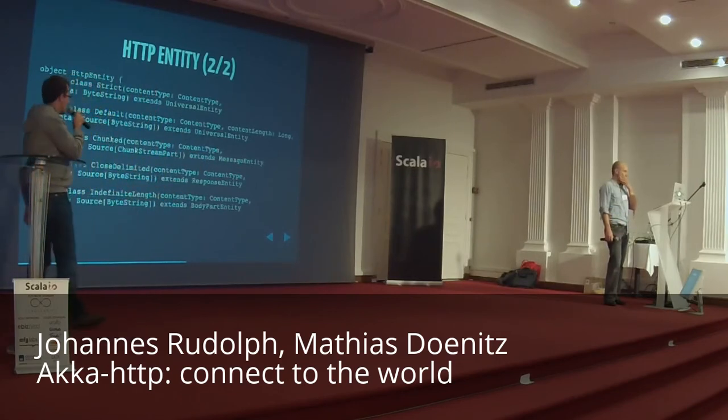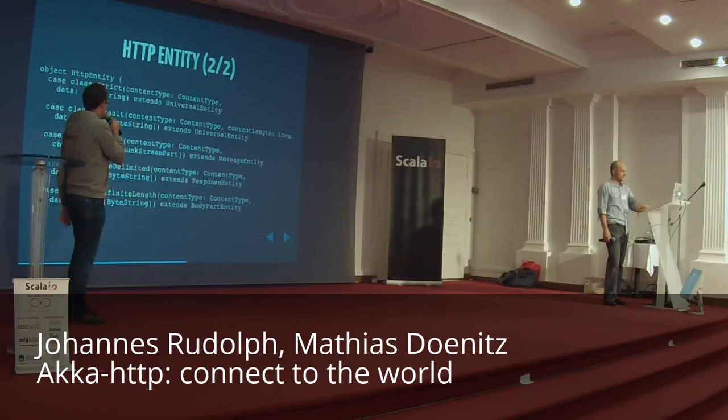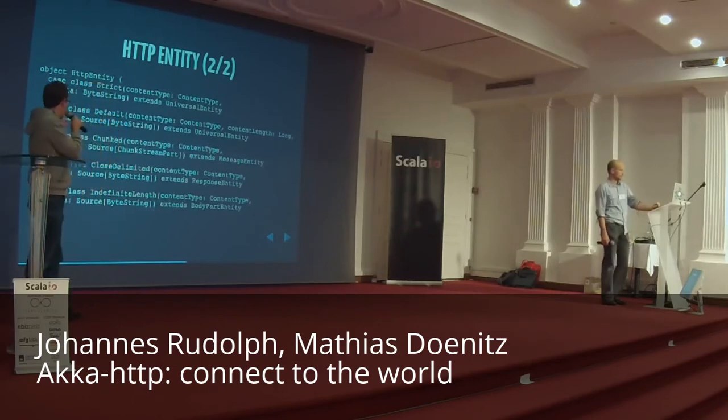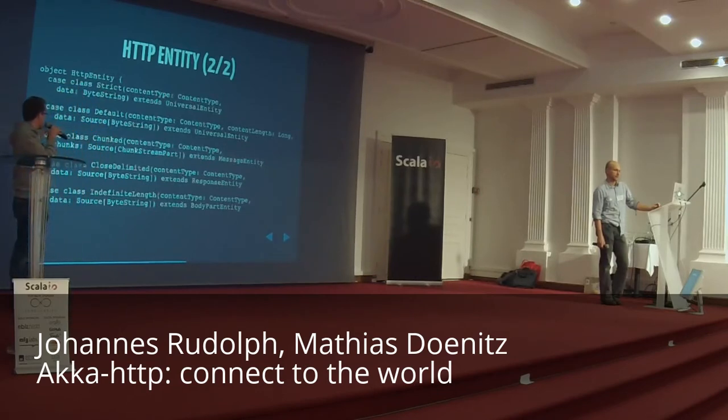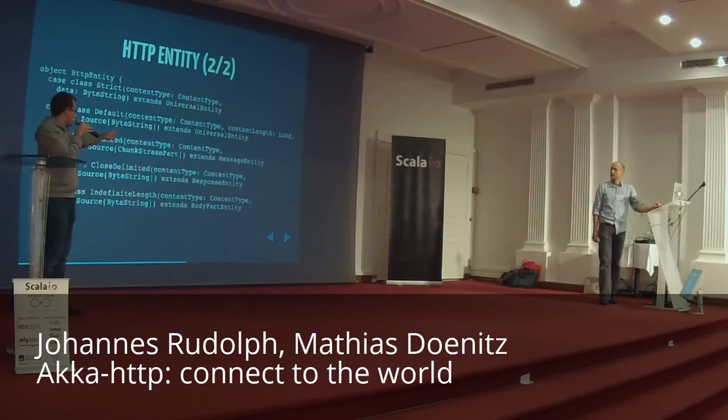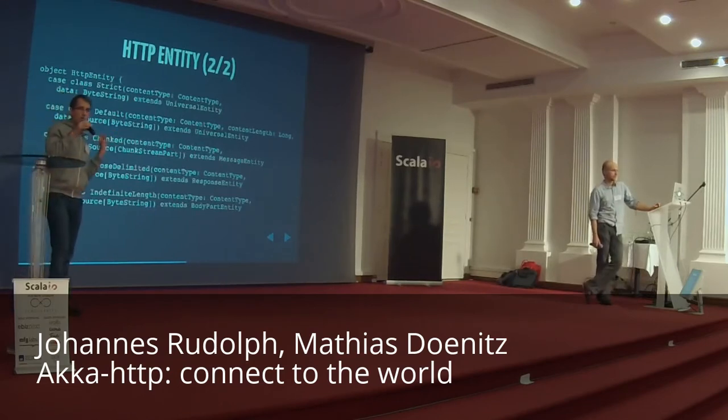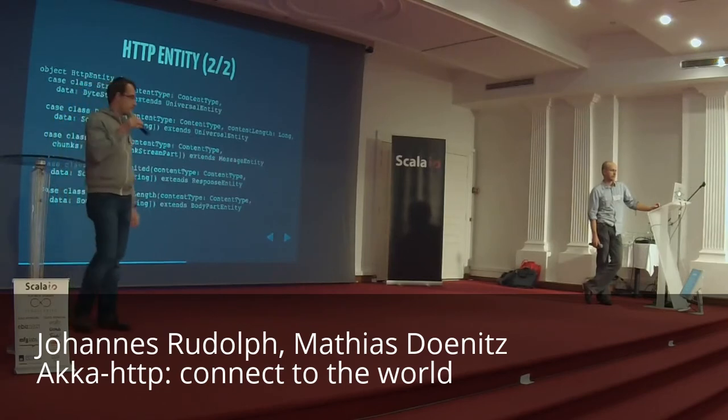So this is the usual case and can be used in all kinds of contexts. Then we have default, which is the default streaming case. What we have in here, instead of a strict byte string, is a stream of byte strings. So you must say how many bytes you will produce from this data source, but you don't have to provide all the data up front.